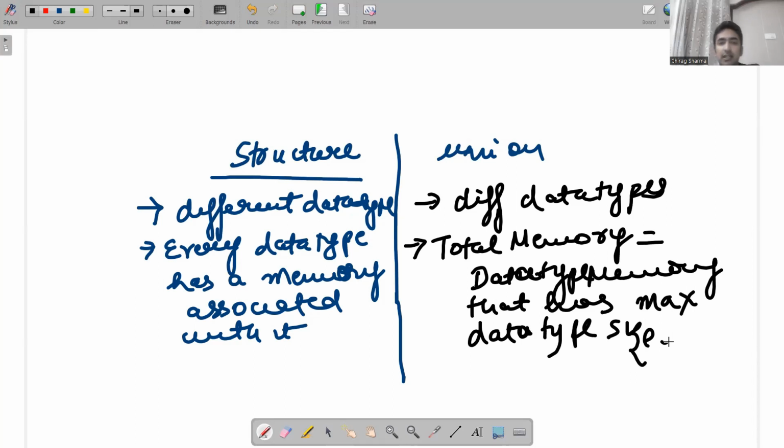That means that union actually captures the memory of that data type which is having the highest memory size.